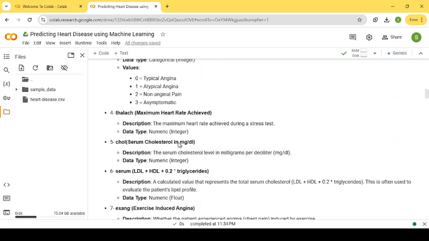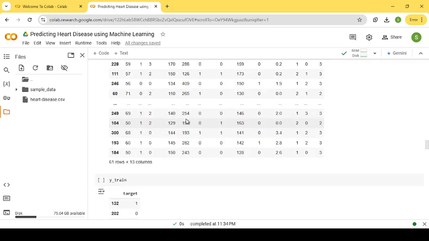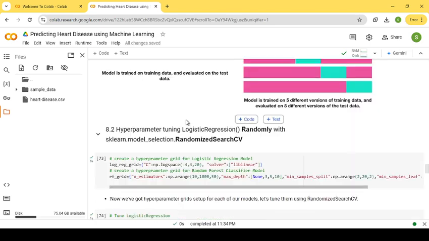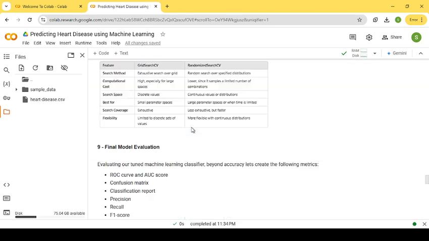Let's go down now and see how our model compares to the goals of the business. I believe that we met these goals and even exceeded the expectation.